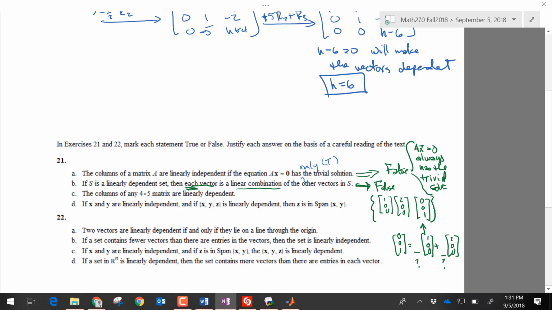And the question is, well, can we fill those in with numbers to make them equal? And the answer is no. So when they talk about a linearly dependent set, they're looking at the set as a whole, and then pieces of them might be independent, and then you can have two that might be dependent that might not have anything to do with the third one. So that's why it was false.